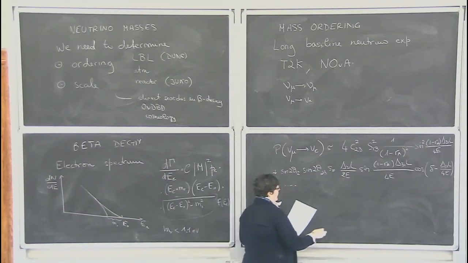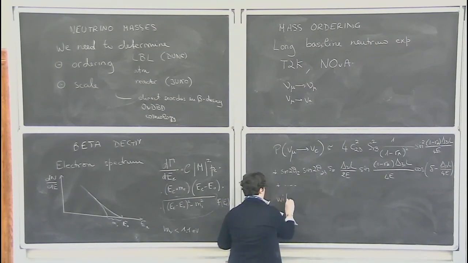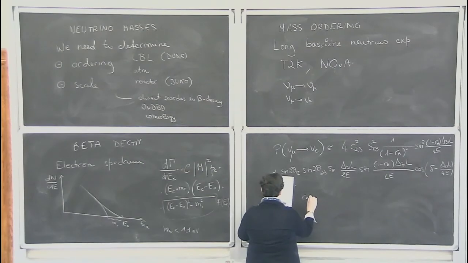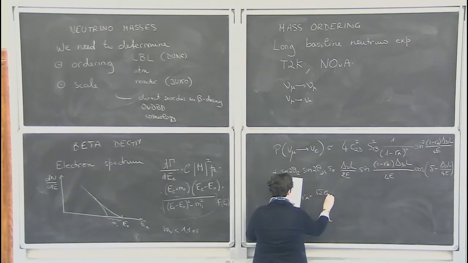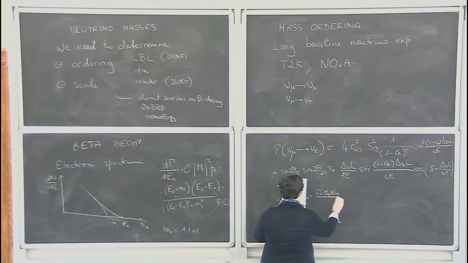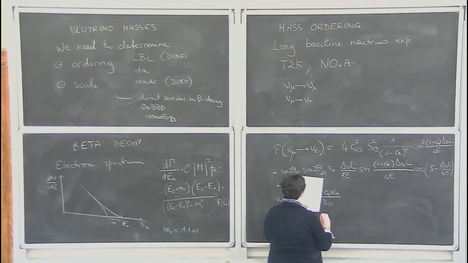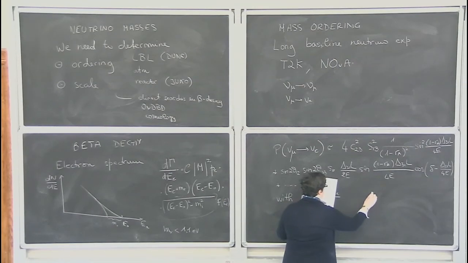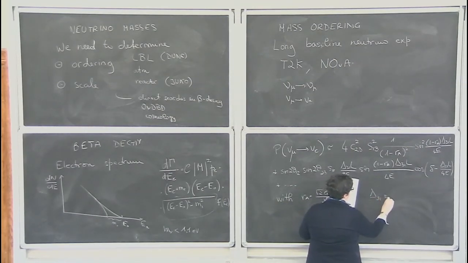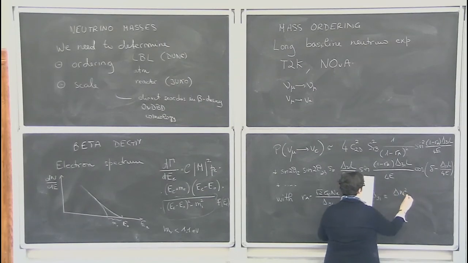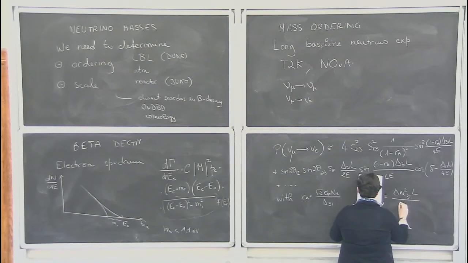So here I'm defining A to be the square root of 2 G_F N_e divided by delta 3 1, and delta 3 1 is defined as delta m squared 3 1 divided by 2E.